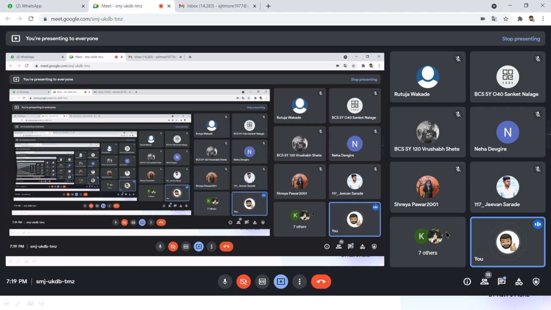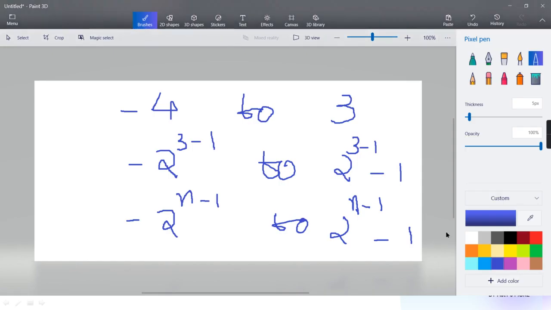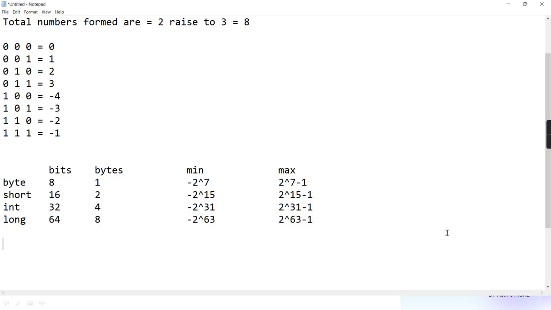I'll share what she has sent me in the group. Please, others, see. I don't want to create a competition. You should also get inspired that yes, I also can write in that way. So please try writing it. Whatever I tell you, try to make your own notes. I hope this is clear to you.